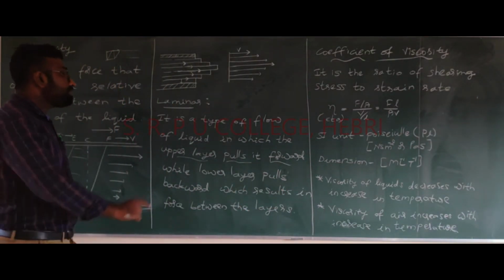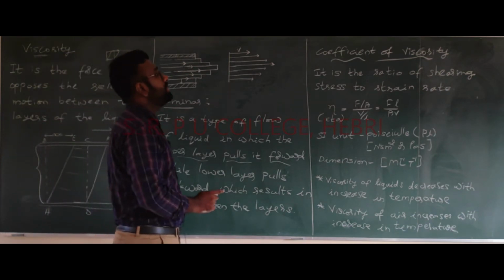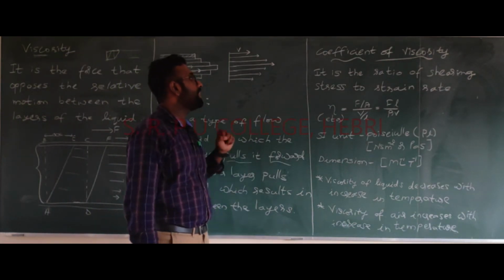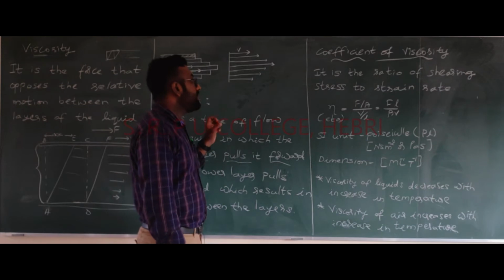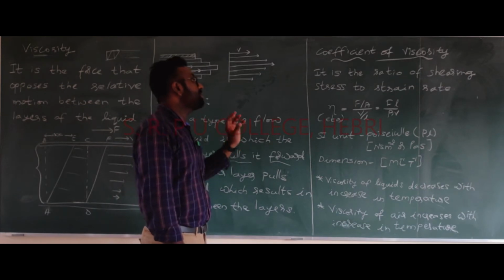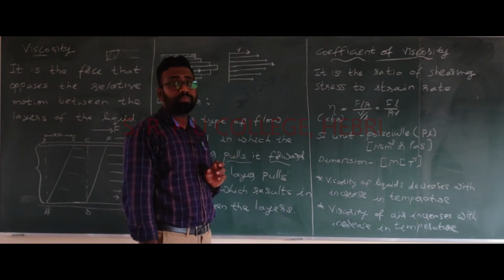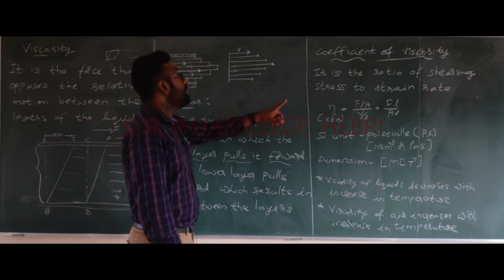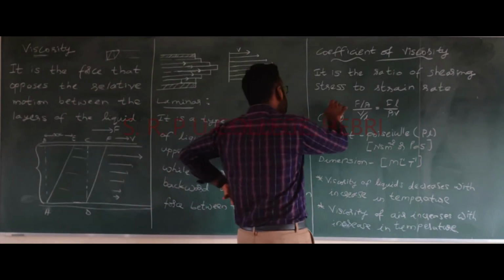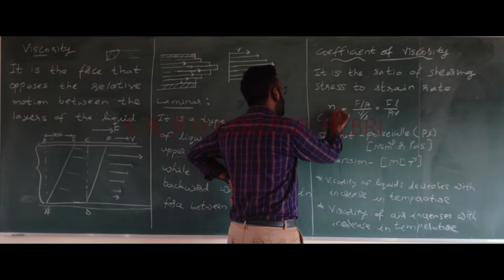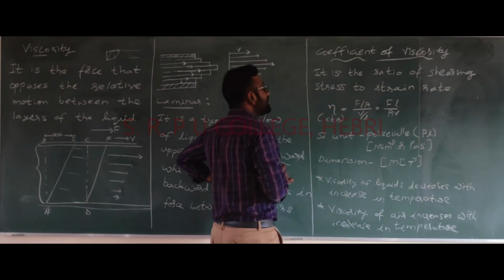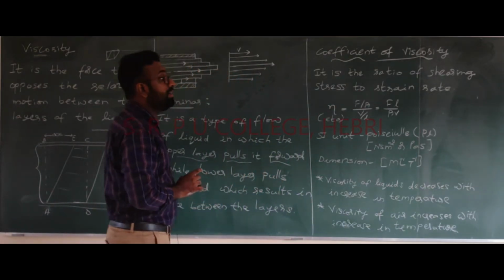Now we will see something about coefficient of viscosity, the mathematical idea of this one. It is actually the ratio of shearing stress to strain rate. So we observe that viscosity actually depends on two factors, that is shearing stress and strain rate.